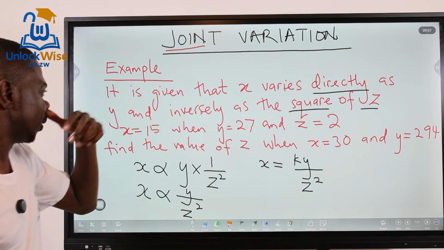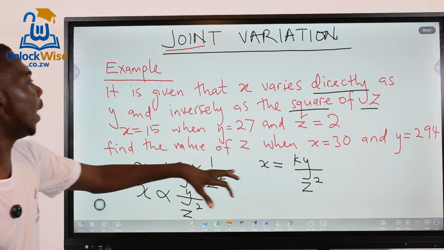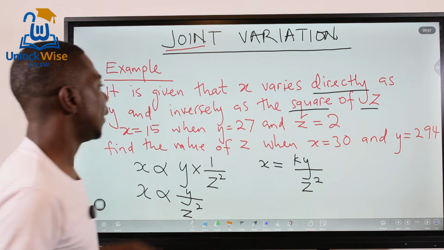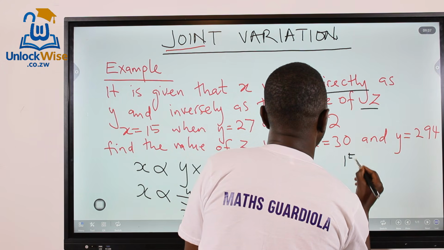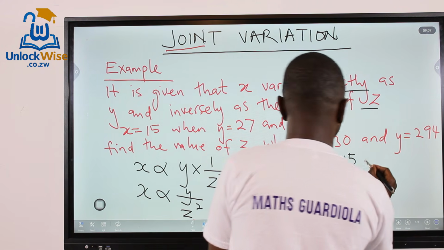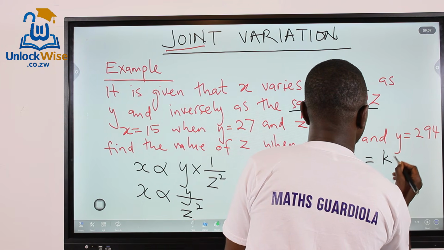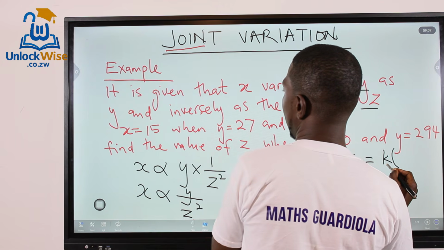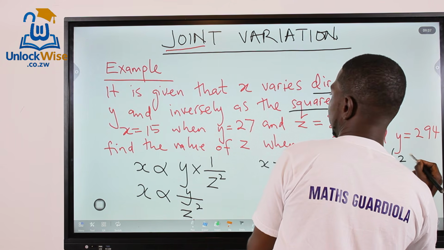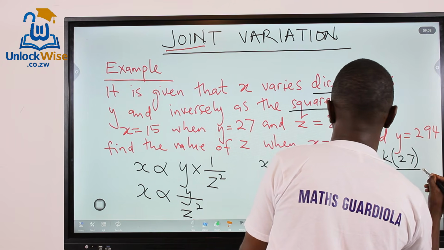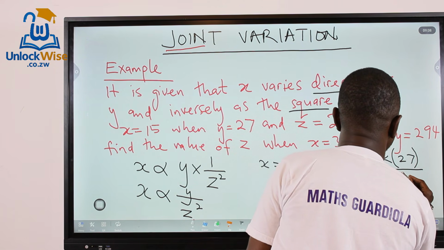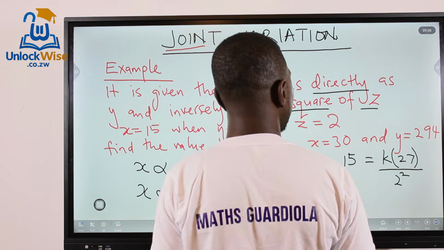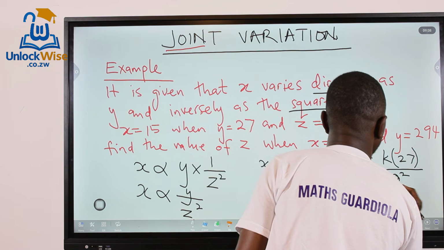And we are going to substitute x here is 15 and k, what is our y? Our y is 27 and our z is equal to 2. So we are going to have 2 squared here.